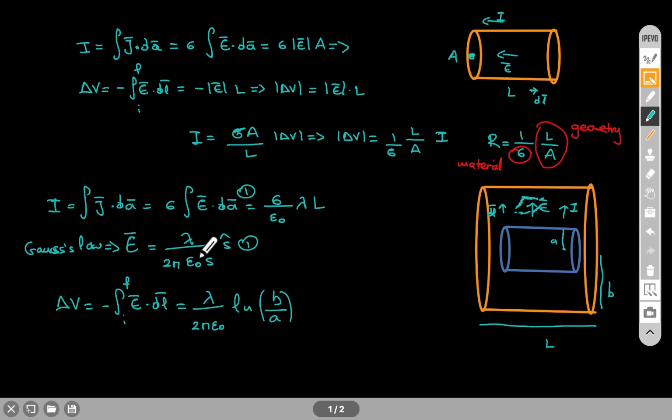And now, as before, when you have the relationship between I and delta V, you can divide the two and see what cancels out and see what is left.